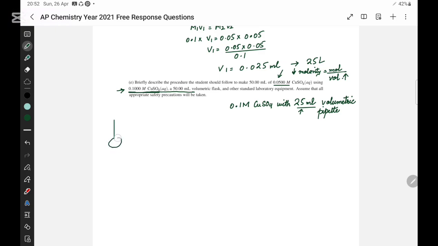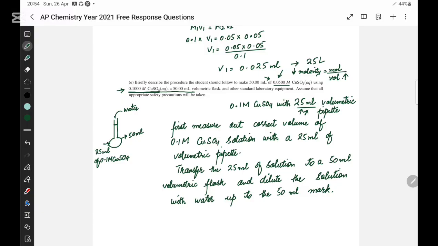When you put this 25 ml of 0.1 molar copper sulfate inside it, since the flask has a capacity of 50 milliliters, 25 ml you have added, and for the remaining part you are going to add water. In this way you are going to prepare the 0.05 molar copper sulfate solution. So this is going to be the right explanation for that.